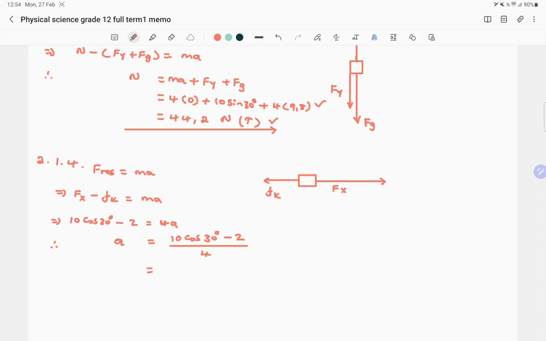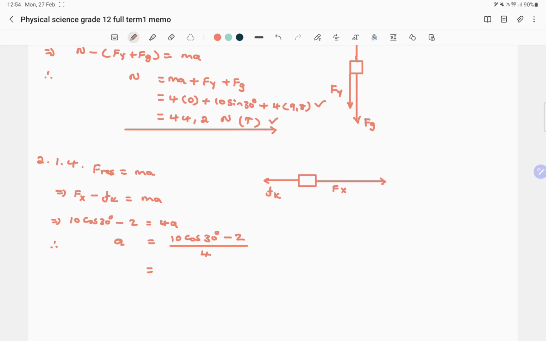Okay, so let's do the calculation. It's pretty simple. So we've got here 10 into cos 30 minus 2 divided by 4.